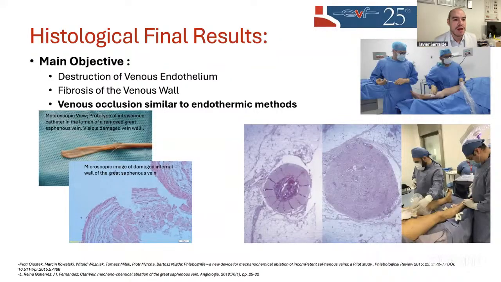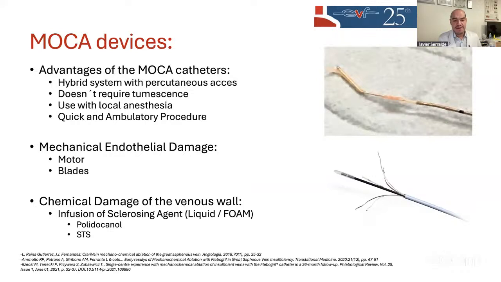With both techniques, our main objective was the extrusion of the venous endothelium and to get the fibrosis. In these devices, the difference is that with Clarivein, we use the motor, and with Flebogrif, we use the blades. And in both cases, we use Polidocanol 3% in our patients.